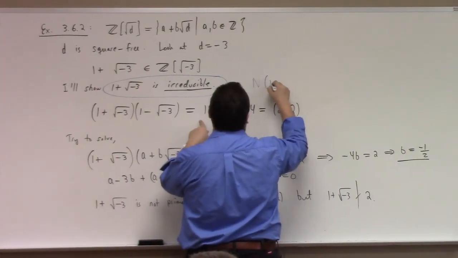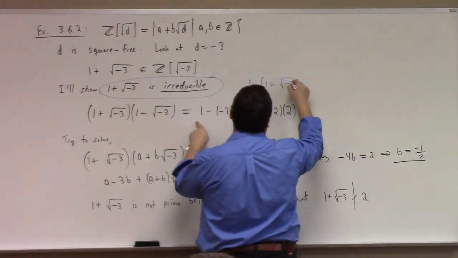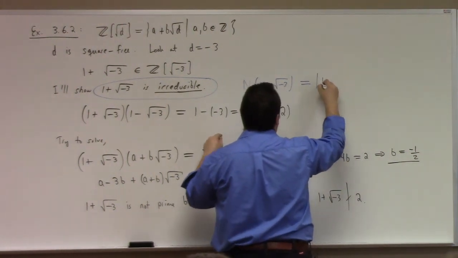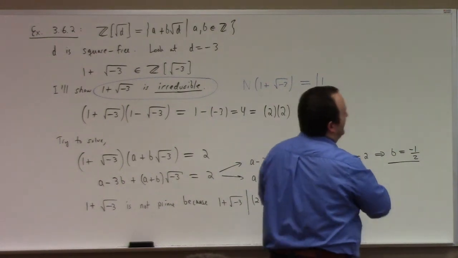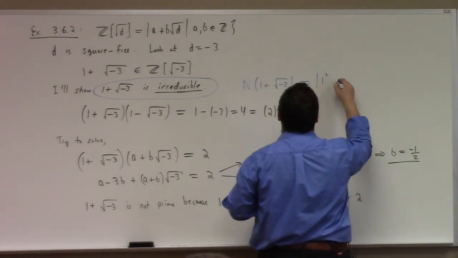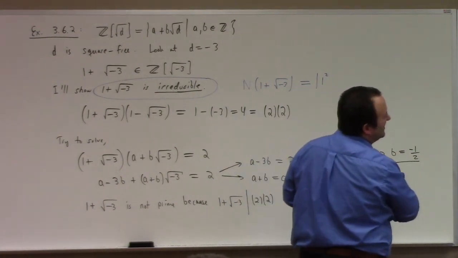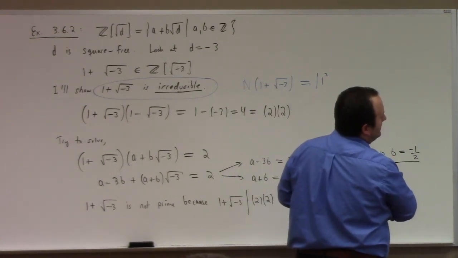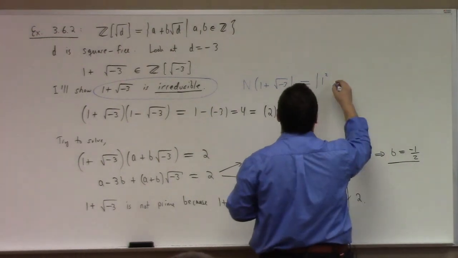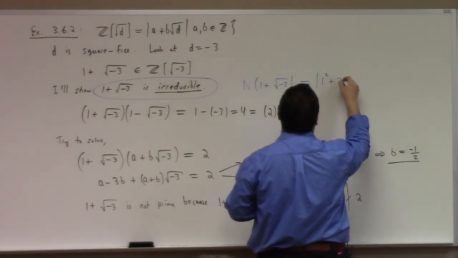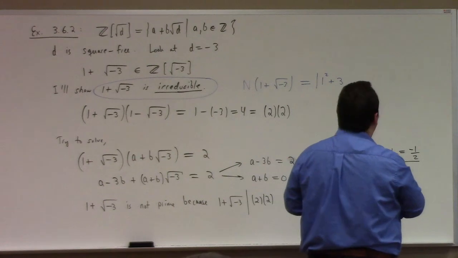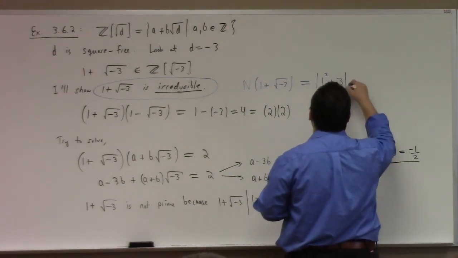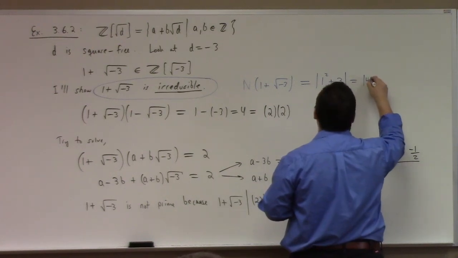What's the norm of 1 plus square root of minus 3? 1 squared plus 3, and my b is 1, wasn't it? So that's 4.